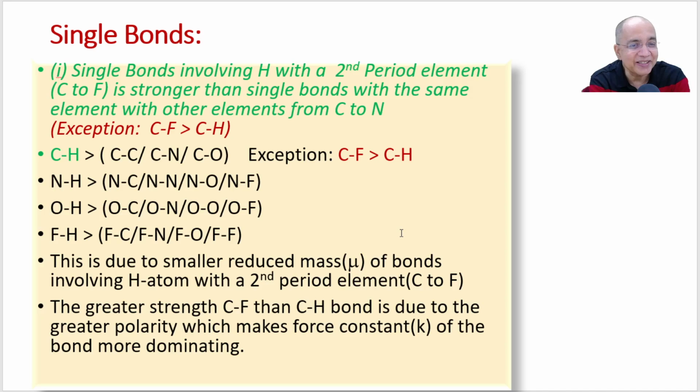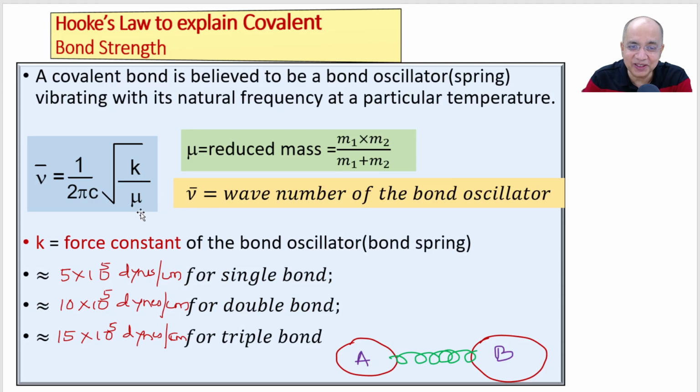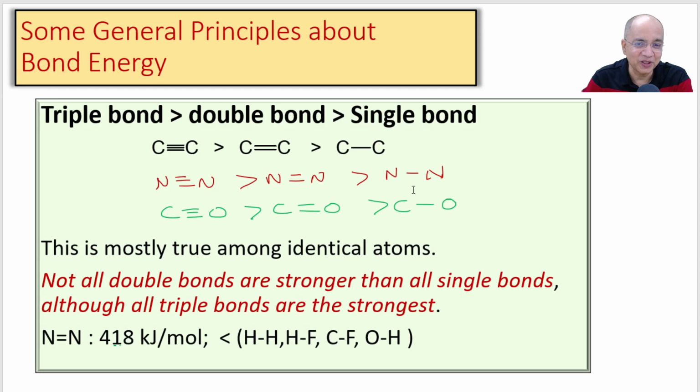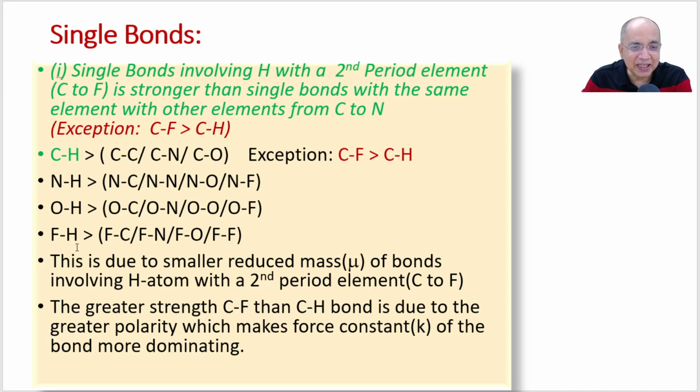The reason is that H is the smallest atom and the reduced mass is the least, so the energy is maximum. That means any single bond involving a hydrogen atom is usually a stronger bond because of the reduced mass effect.